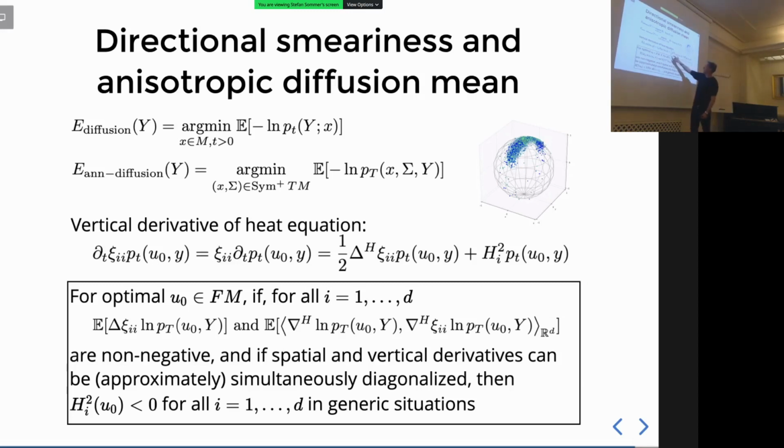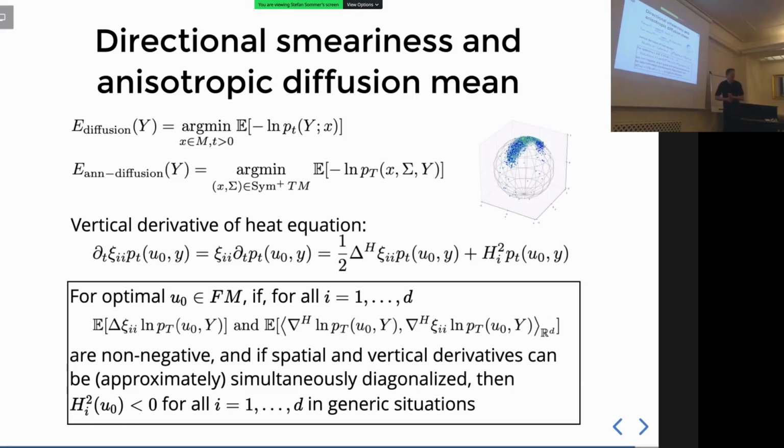If you do that, you need to take care of commutation of the Laplacian and vertical derivatives, and out you get a term which is the second order directional derivatives of your density, and these are exactly the ones that you would like to be non-zero. And ideally, this will all work out so that they are actually non-zero in the optimal situation.